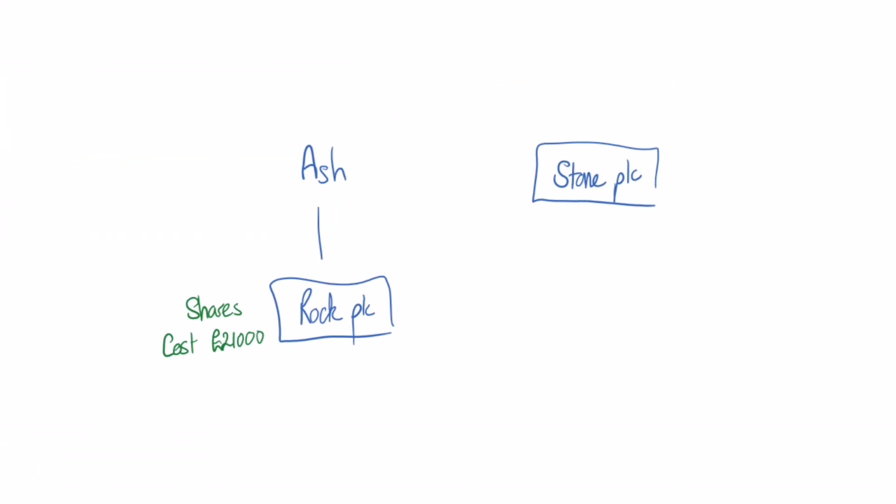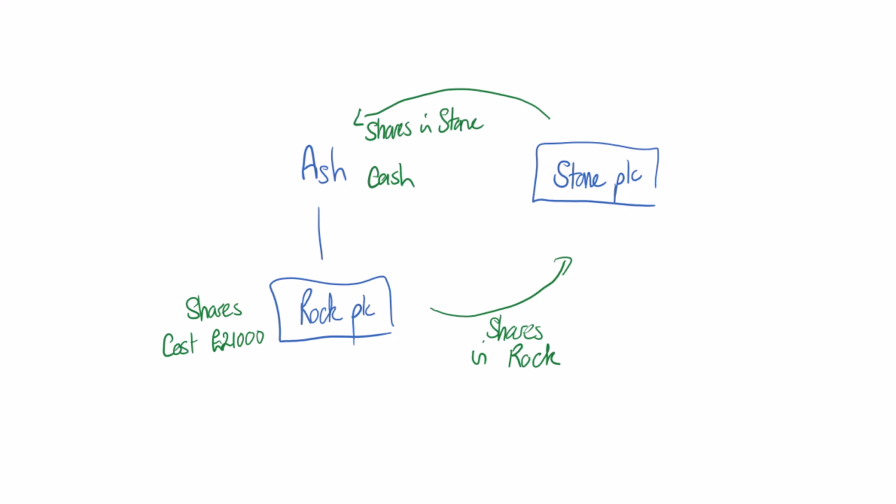We start off, Ash, with the shares in Rock plc, which had a cost of £21,000. Then Rock gets taken over by Stone, and the shares in Rock are transferred to Stone. In exchange, Ash receives a mixture of shares in Stone and also some cash.